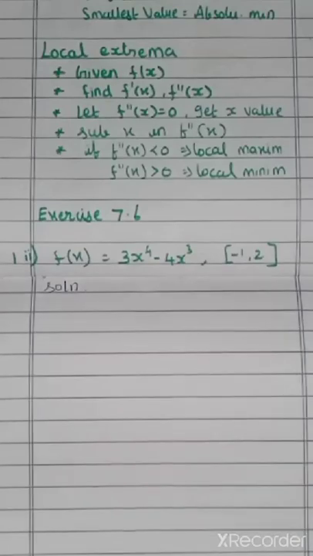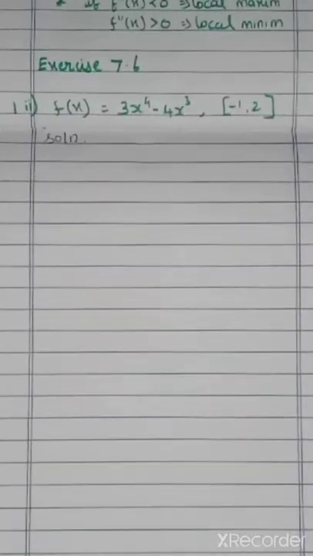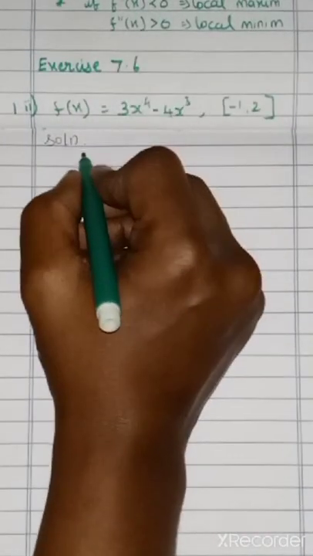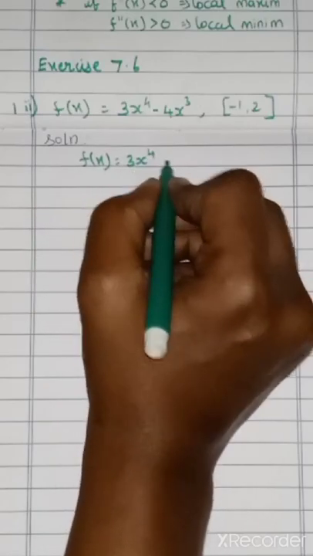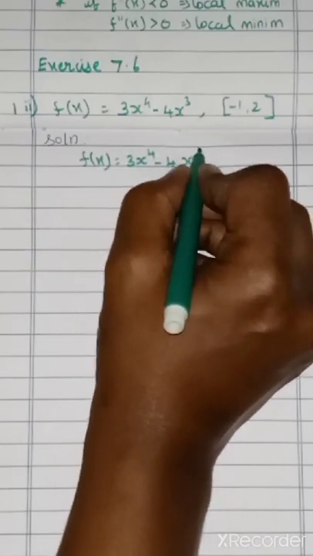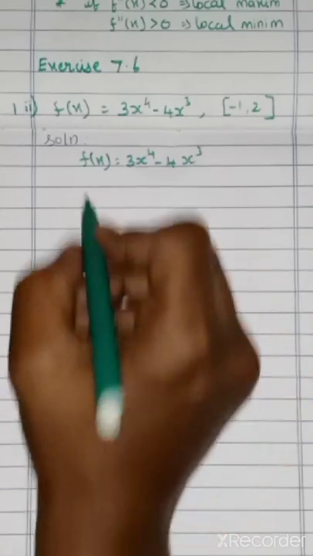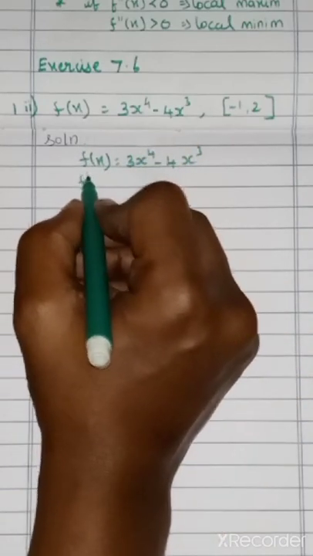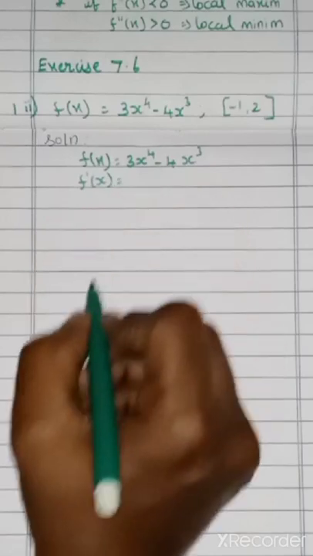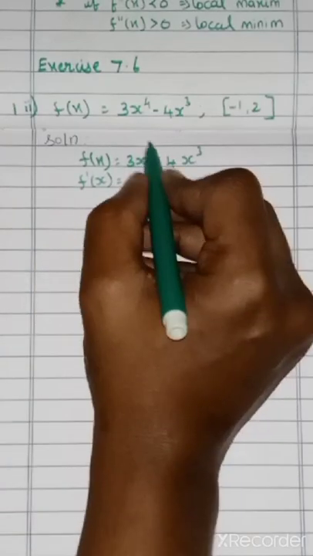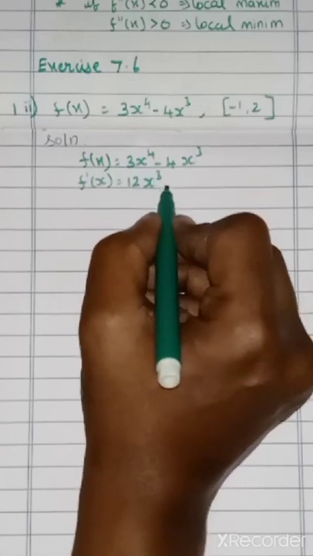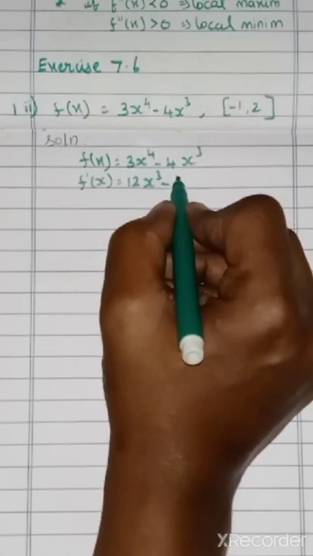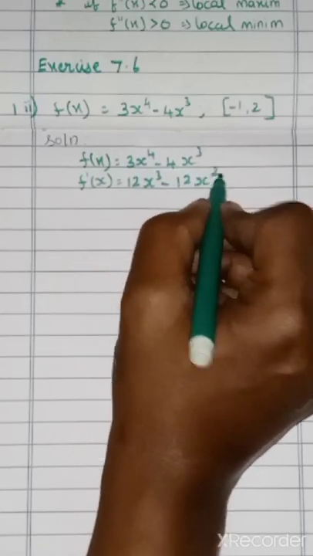What is the f of x given? f of x equal to 3x power 4 minus 4x cube. Correct? Next, we are going to find f dash of x. So f dash of x: 4 threes are 12x cube, minus 3 fours are 12x square.